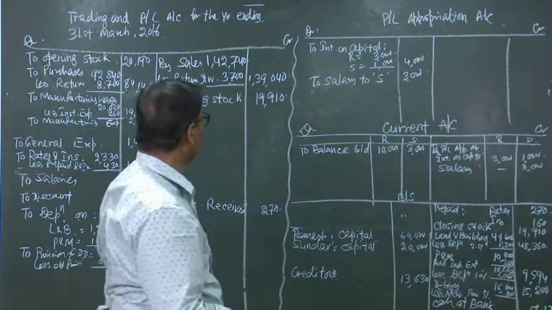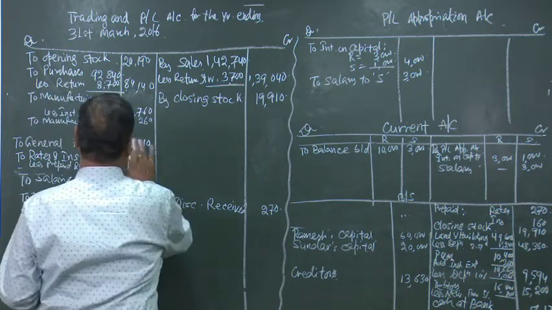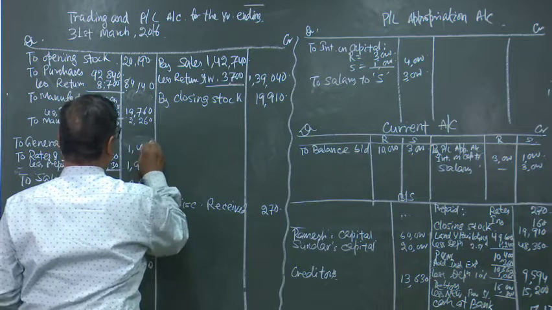We have to first of all find out the gross profit, then the net profit, etc. 1440.